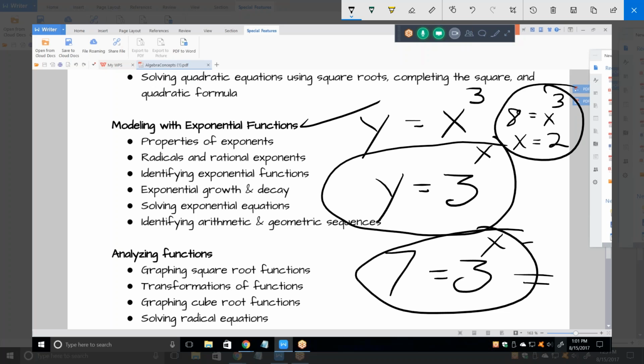It might be 1.276945 and go on forever. That's the definition of irrational numbers, is they are basically decimals that don't repeat, and they go on forever, and you can't write them as a fraction.